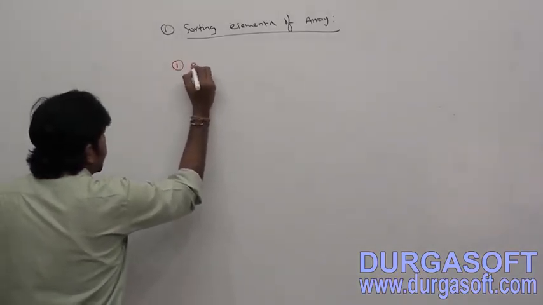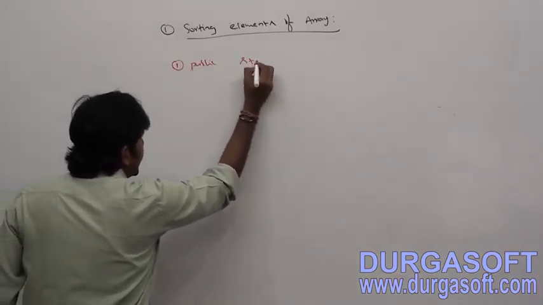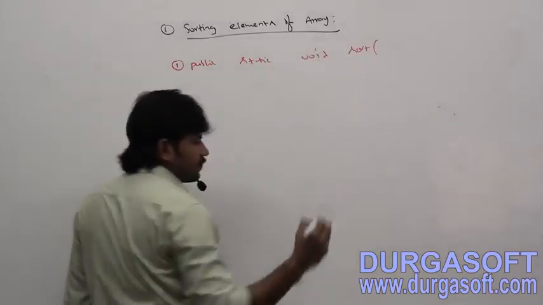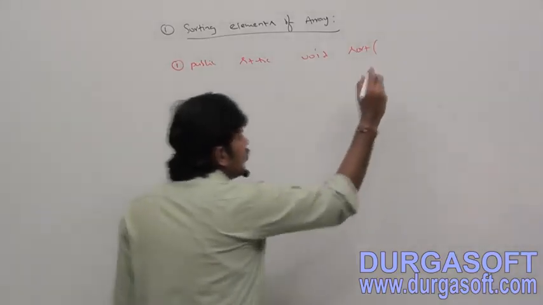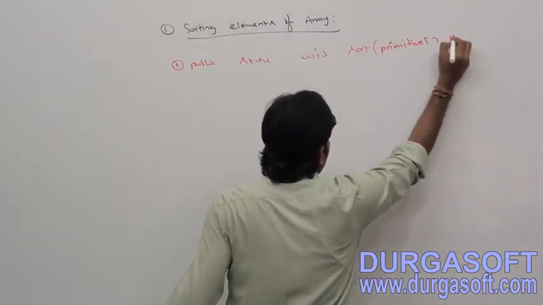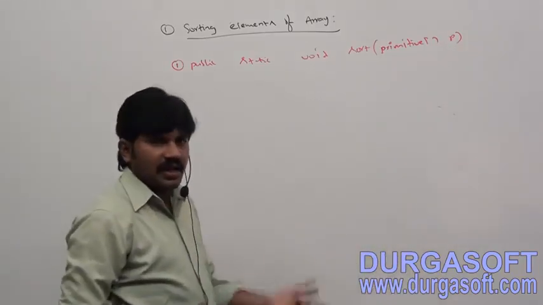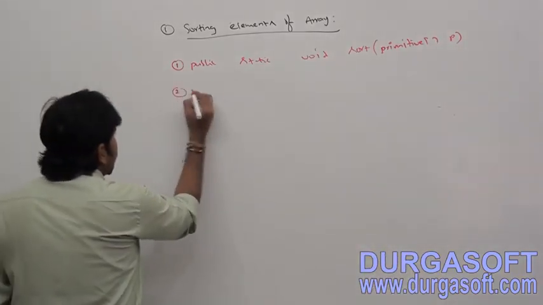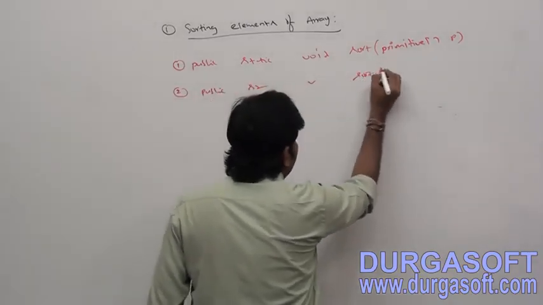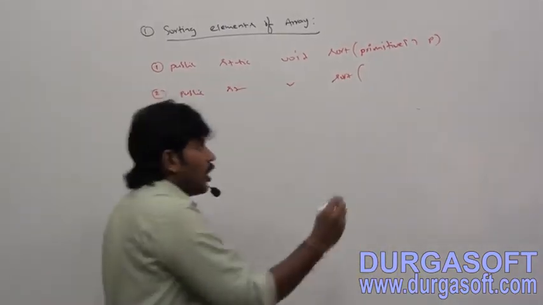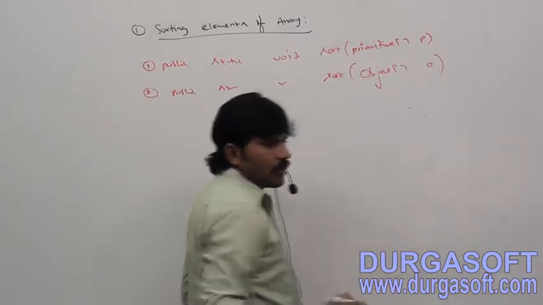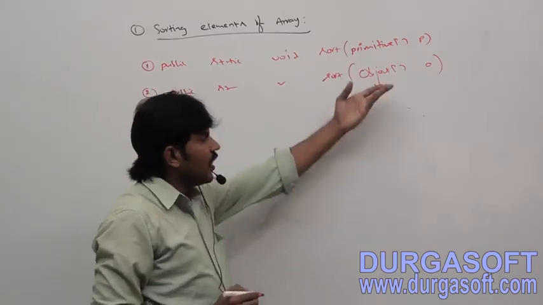The first one: public static void sort of primitive array p. Maybe int array, byte array, char array, any array. Then public static void sort of object type array, maybe student array, string array, any type.